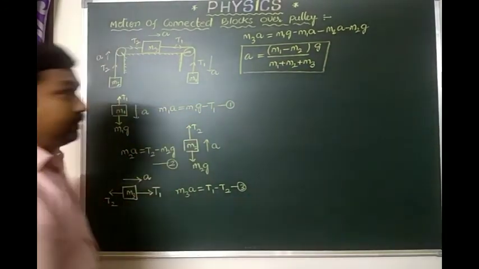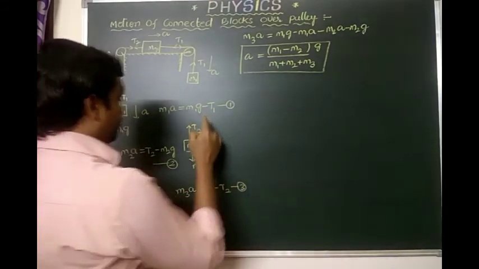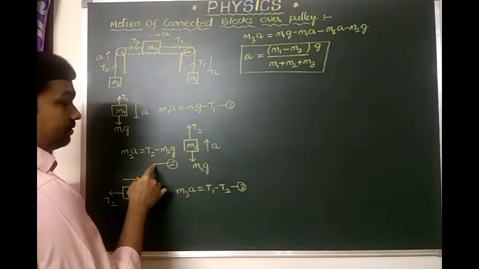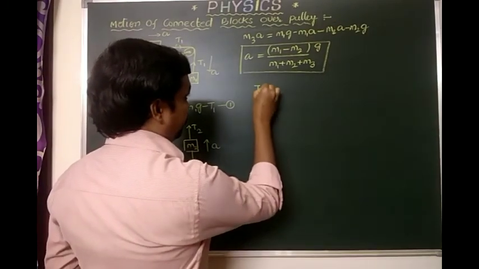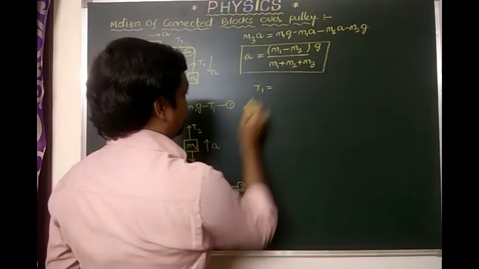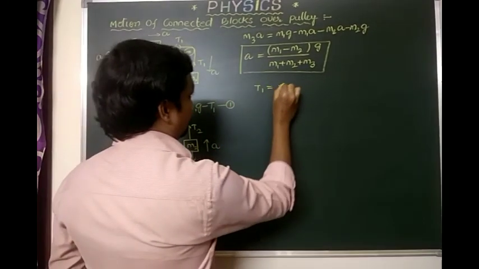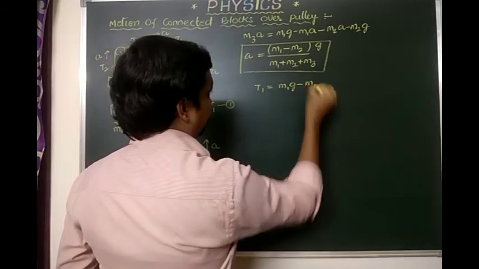Here you can calculate the tension in the strings. If you substitute in the first and second equations, you can calculate the tension formulas. Tension T1 equals, bring it left, send it right, M1G minus M1A.